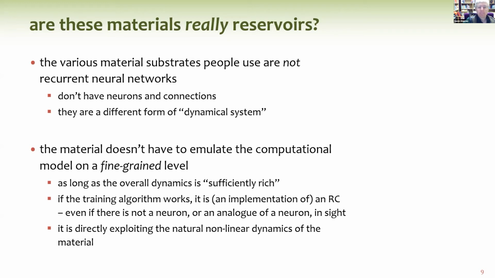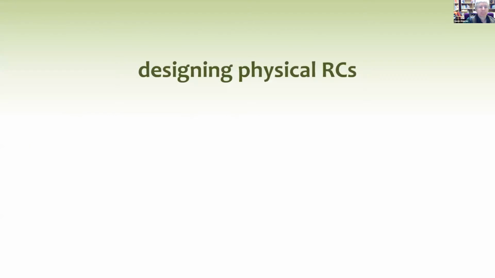So, okay, how do we go about designing these things? The usual thing is to say, I give you a lump of goo and ask you to build a reservoir computer out of it. How are you going to go about designing these particular systems?